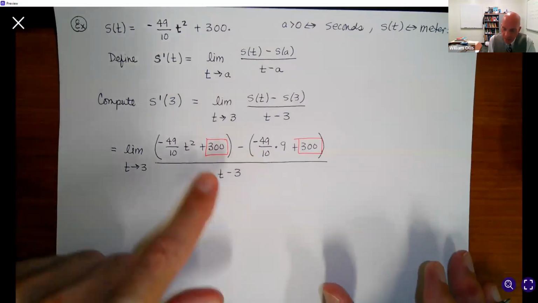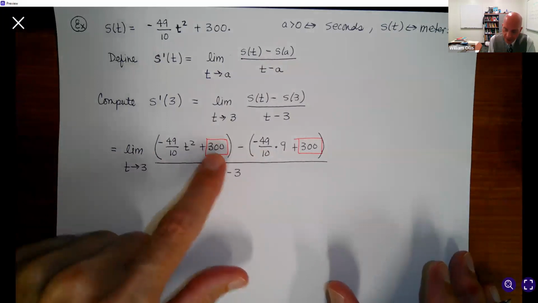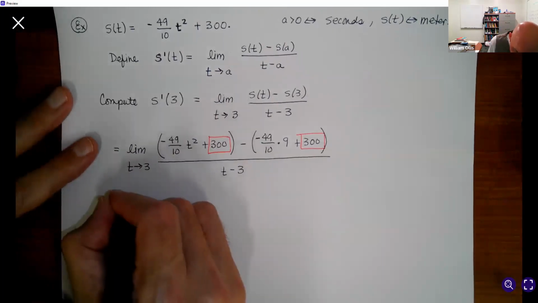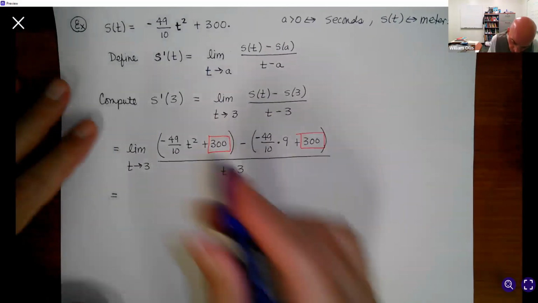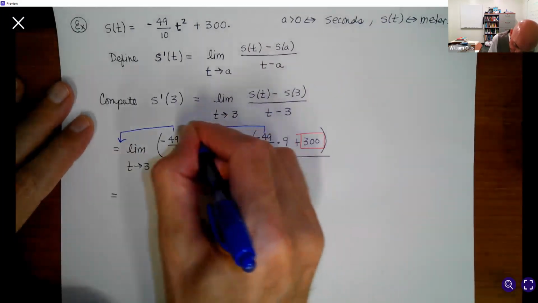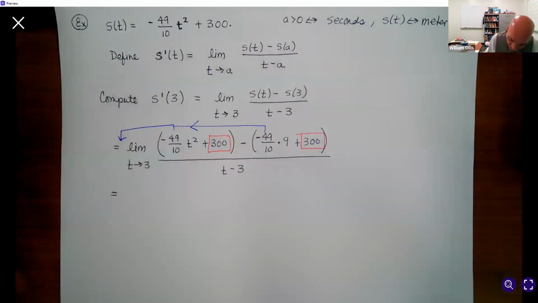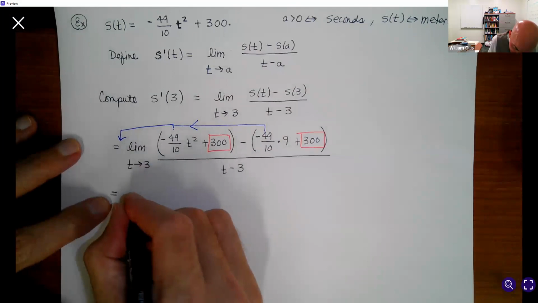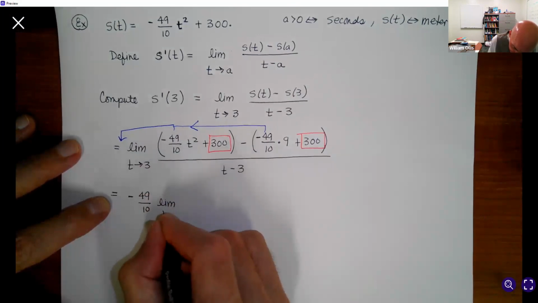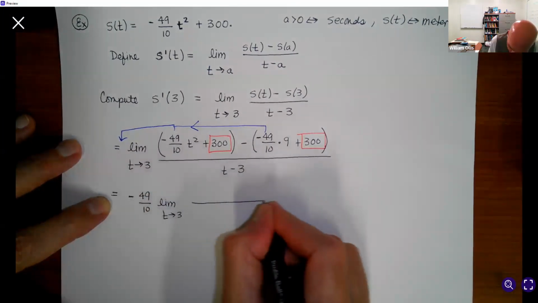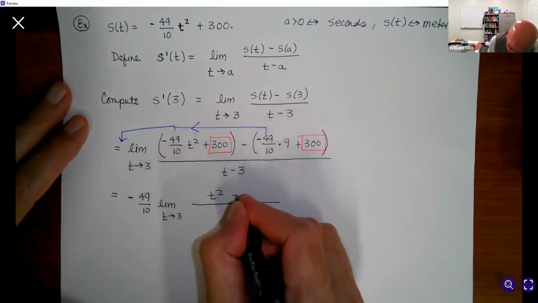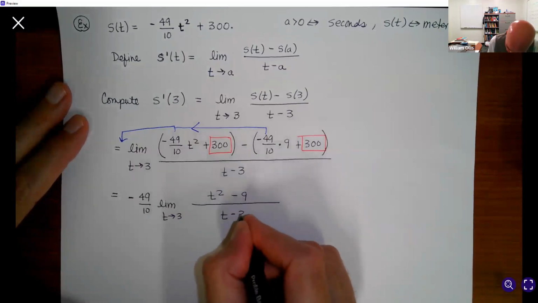Okay. And so now what we can do is just go ahead and factor the negative 49 over 10 and retain the minus here. Take both of these outside. They're common to both. So we get negative 49 over 10 limit as t approaches 3 of t squared minus 9 over t minus 3.